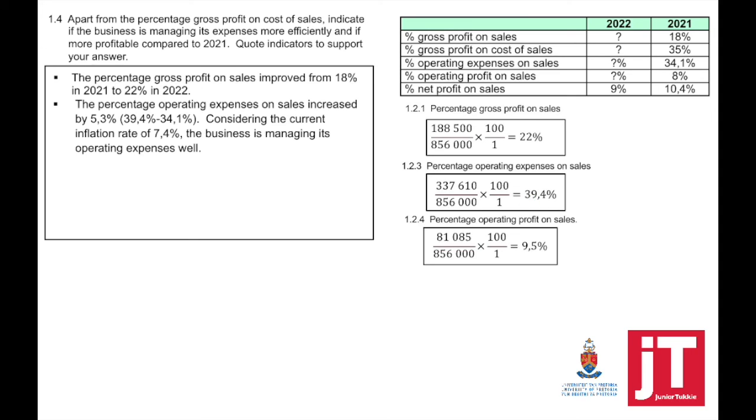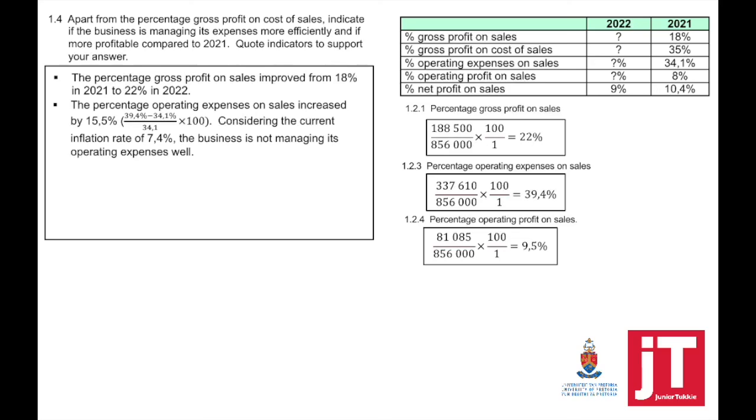So just a correction there, you cannot say it increased by the difference between those two. The actual increase to calculate that, you have to take the difference, 39.4% minus 34.1% divided by the 34.1, so the previous year, and then you times it by 100. So this means the increase was 15.5%.